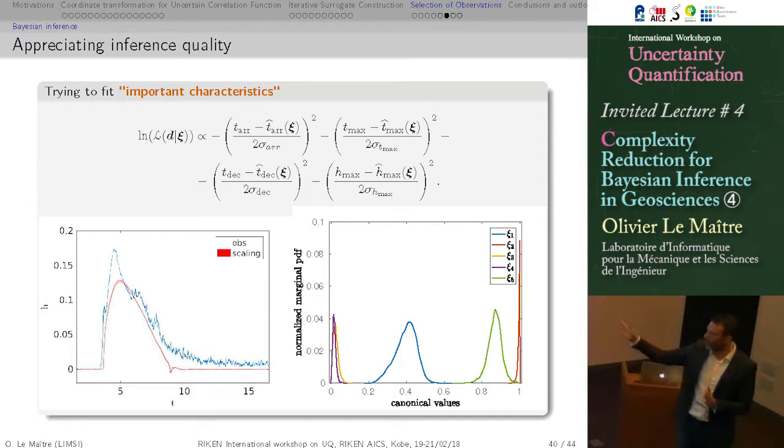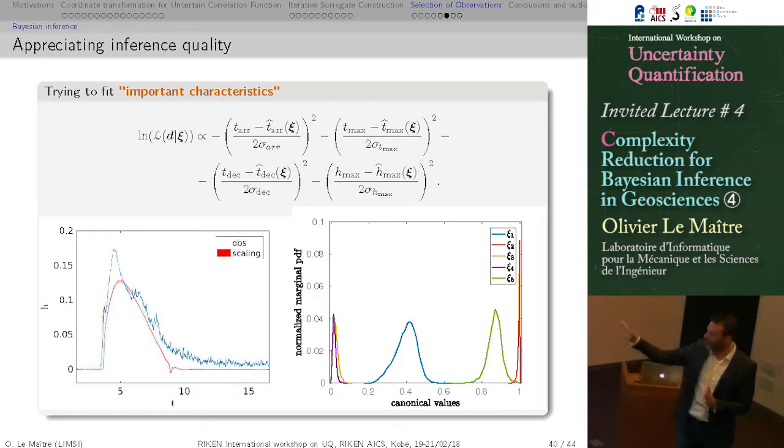So we built another likelihood, where we estimate this arrival time, T max, T decay, and H max based on the experimental signals. And we estimate also an accuracy or precision of this estimate. And then we use the inference on these quantities.